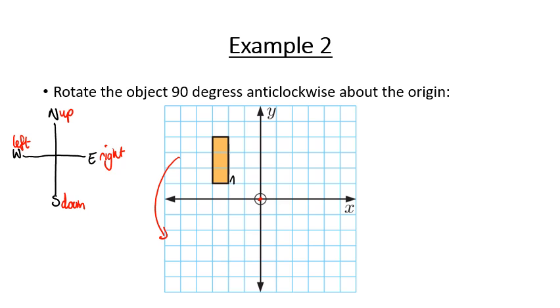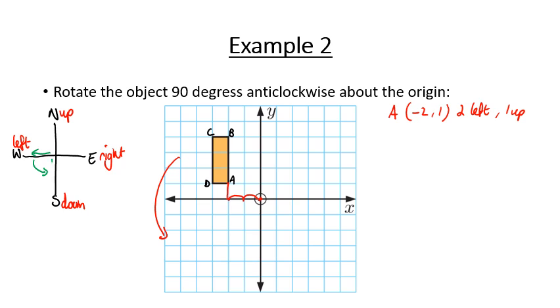Now, if I've got points A, B, C, and D here, for A, I actually go 2 left and 1 up. So A is normally negative 2, or 2 left and 1 up. But now, instead of going left, so instead of going this way, I've had to rotate 90 degrees.